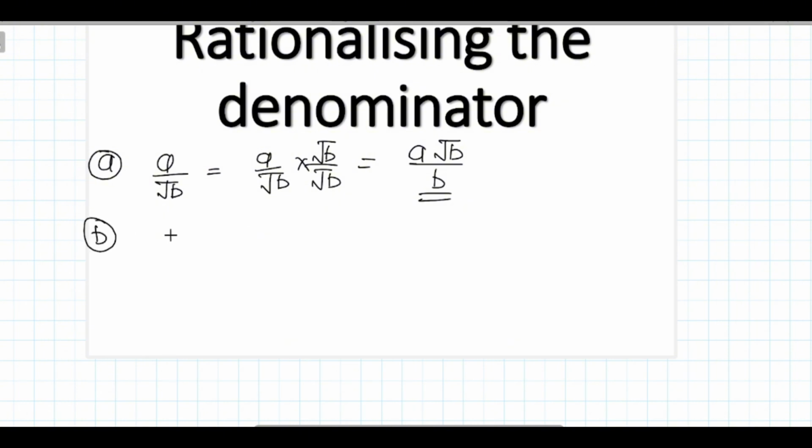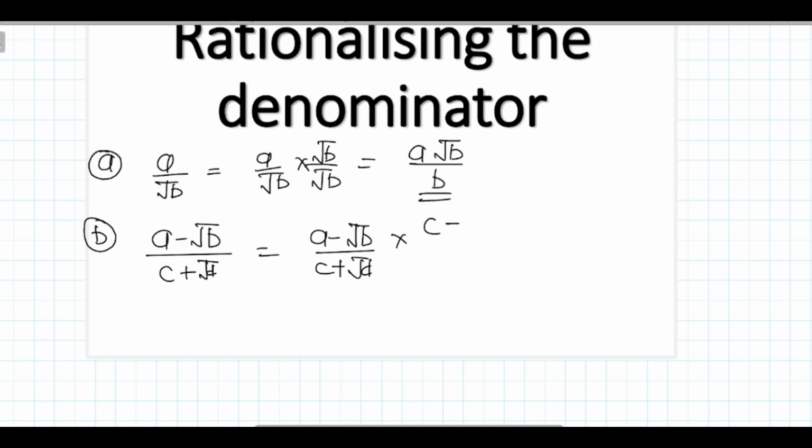Also, if we have a surd like A minus root B all over C plus root D, and you want to rationalize this one, you simply multiply the numerator and denominator by the conjugate of the denominator. The conjugate of C plus root D, remember, you simply change the sign to minus.